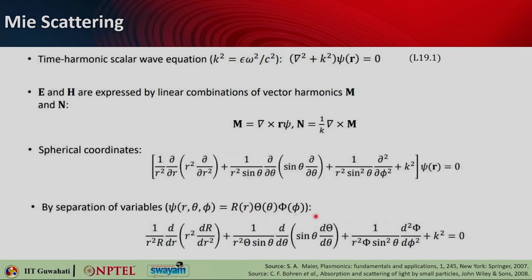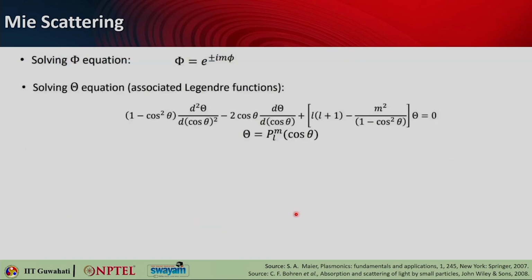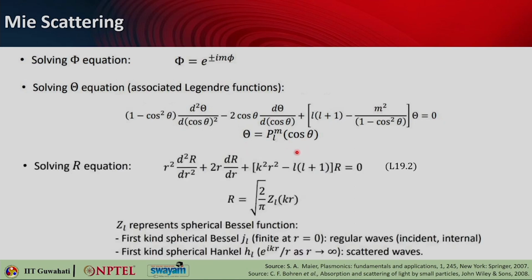These are the 3 variables, and you can write the equation in this form by assuming psi of r, theta, phi is this function. If you solve only the phi equation, you get Phi equals e to the power plus or minus i m phi. For the theta equation, you will find that Theta is the associated Legendre polynomial.